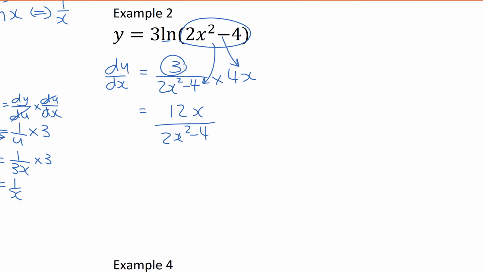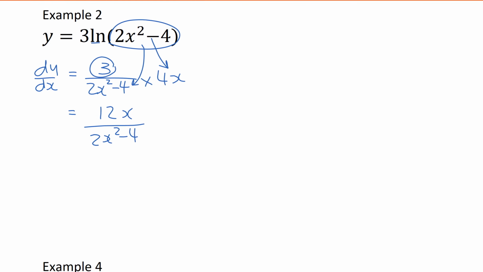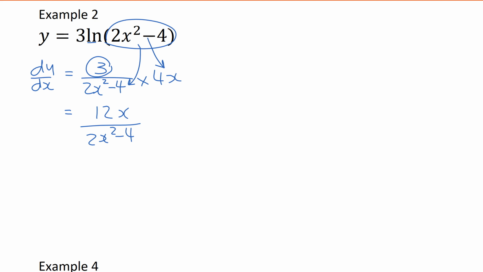Beautiful. Okay, so now if we go the long way, I'm going to say let u equal 2x squared minus 4. So du by dx is just 4x. So that's the derivative of the bracket.